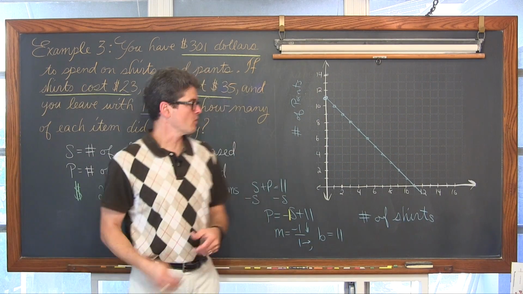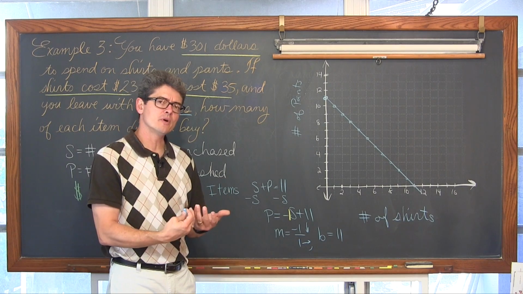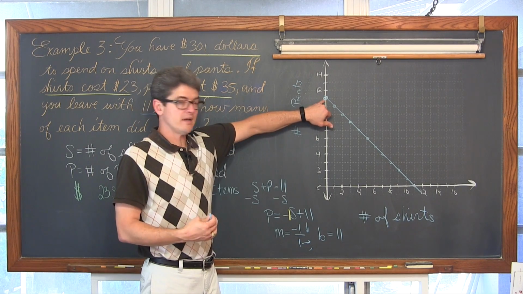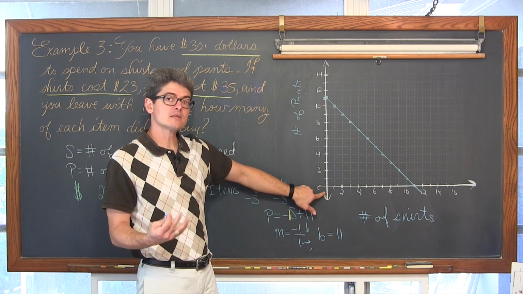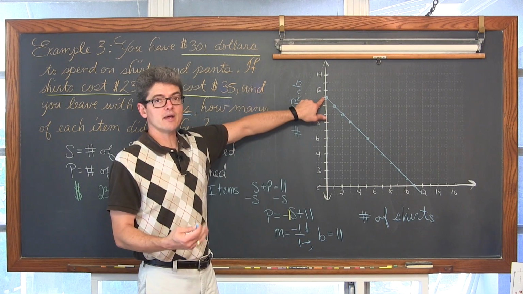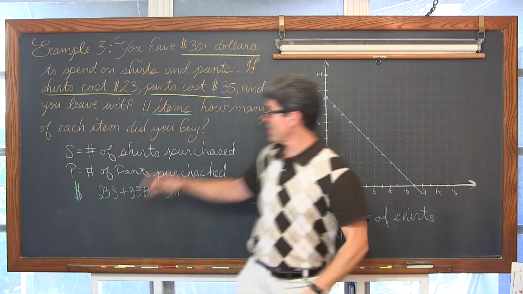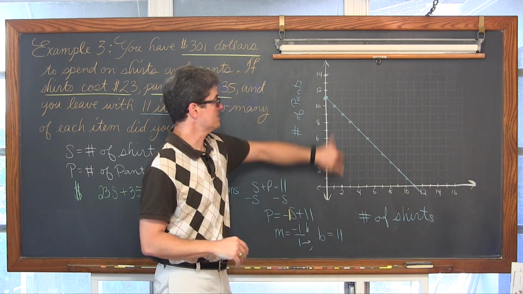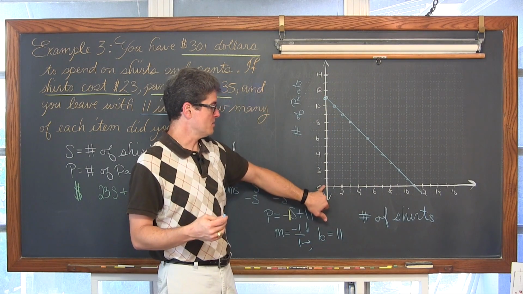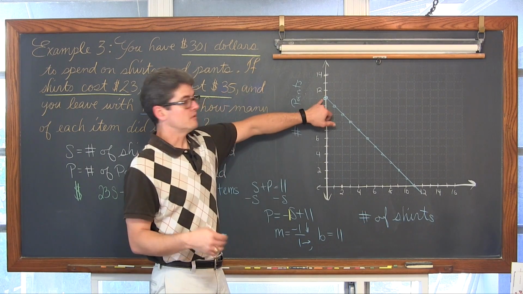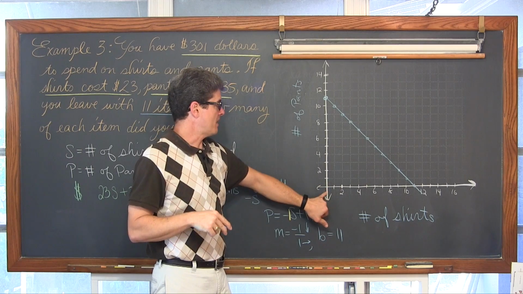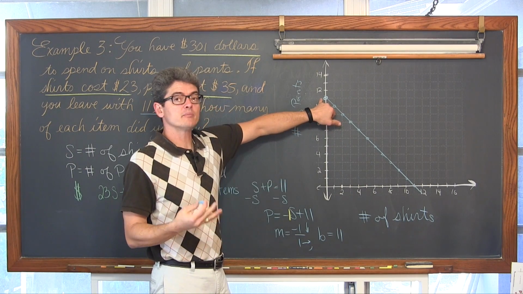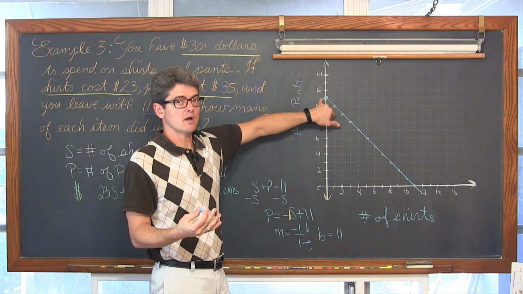And since we're doing a word problem, by the way, let's interpret what it means for this y-intercept to be 11. My y-intercept is, again, where my x value is 0. So interpreting my y-intercept in context of this problem of buying pants and shirts is, if I buy 0 shirts, assuming, of course, I've bought a total of 11 items, then with buying 0 shirts, I've bought 11 pair of pants. That's the interpretation of the y-intercept.